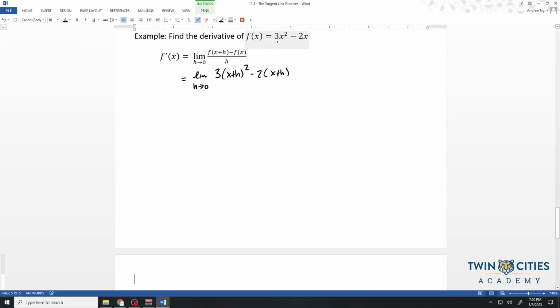So I'm taking the function and plugging in x plus h where I have x. That's the first part. Then I want to subtract f of x, the original function, so I subtract 3x squared minus 2x, and this is all over h.